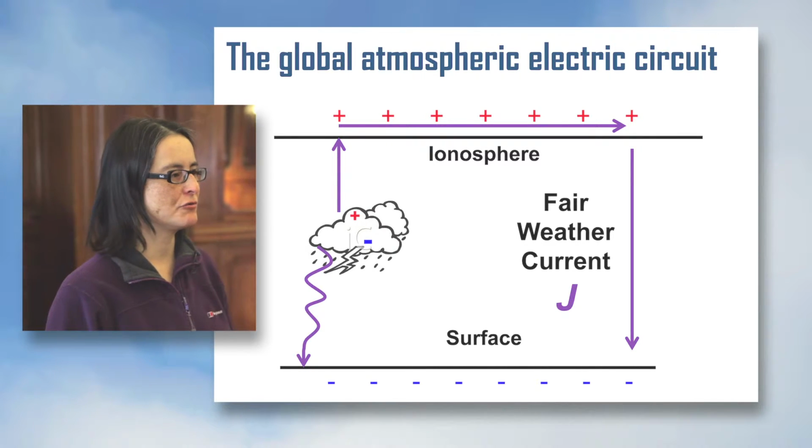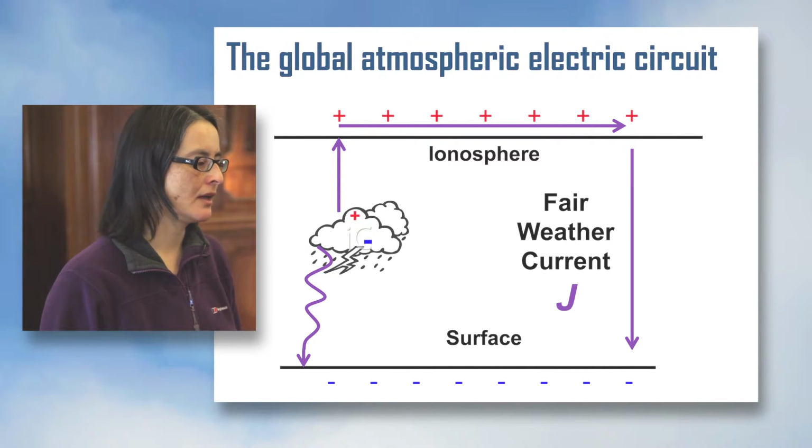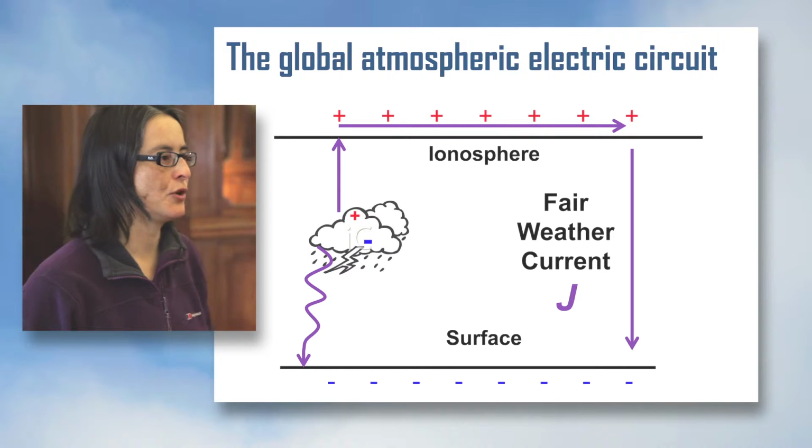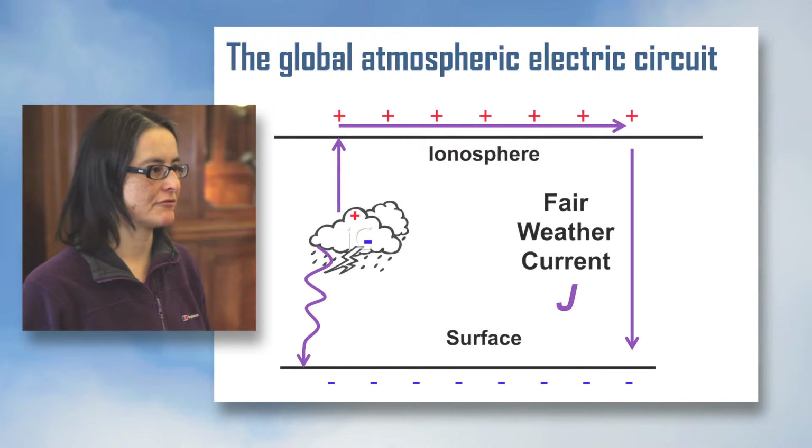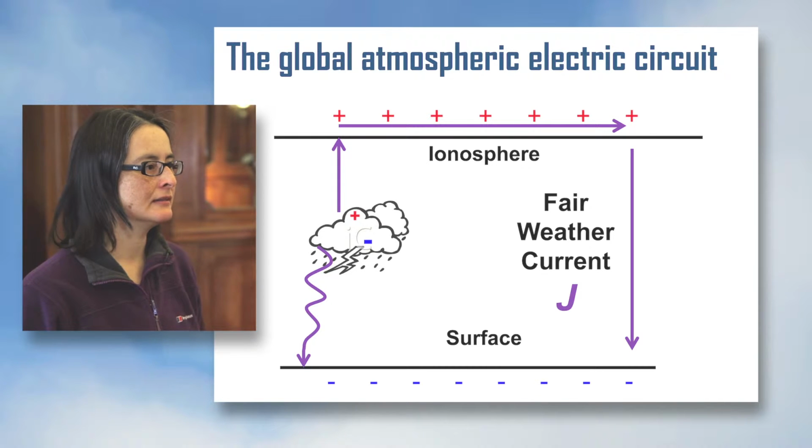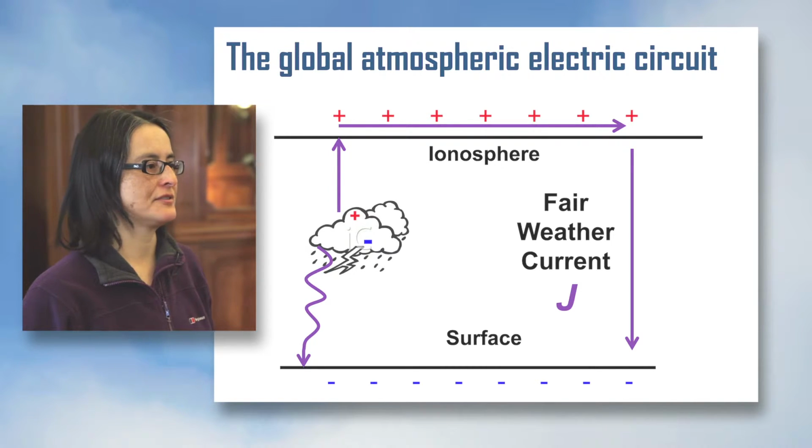At any one time, there are about 1,000 thunderstorms occurring around the world, and together with electrified rain clouds, thunderstorm clouds act like a 250 kilovolt battery that drives a global electric circuit through the atmosphere. And this 250 kilovolt voltage difference, we call it the electric potential of the ionosphere.